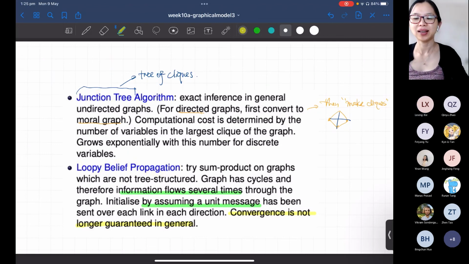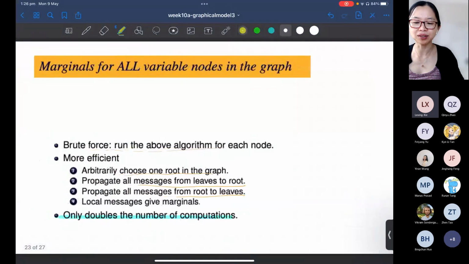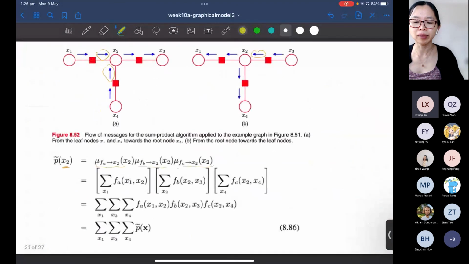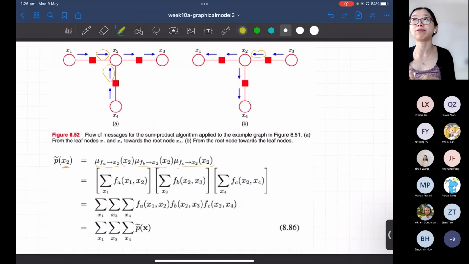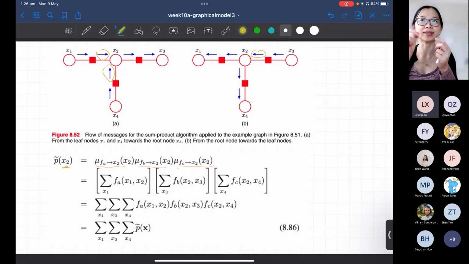Yes, it's a little bit abstract, but looking at it again will hopefully help. And the lab session should help. Basically, the role of the lab is to get people used to manipulating these factors or messages as functions, or in the discrete case, as probability tables, or not necessarily probability tables, but just tables of values where we multiply and sum. And at the end, it somehow comes out correct, which is great.